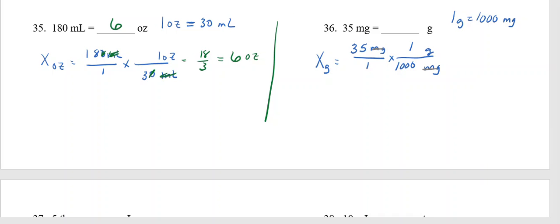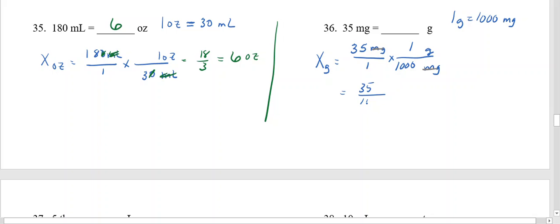And then I'm going to have 35, and since 1,000's on the bottom, divided by 1,000. So when I'm dividing, remember it goes to the left. I have 3 zeros, so I'm going to move my decimal 3 places to the left. 1, 2, 3. Means I have to add a 0. So it's 0.035 grams.